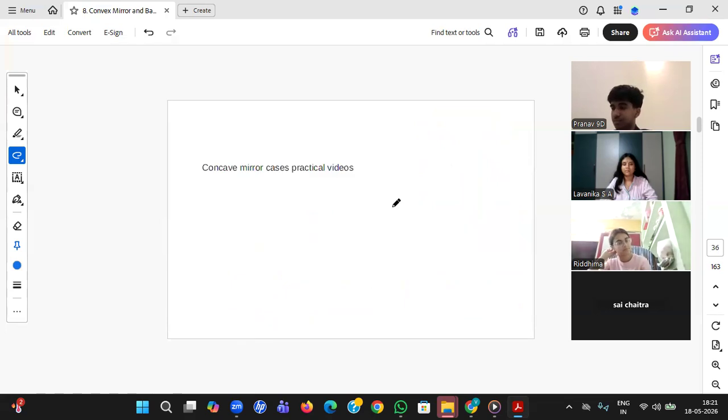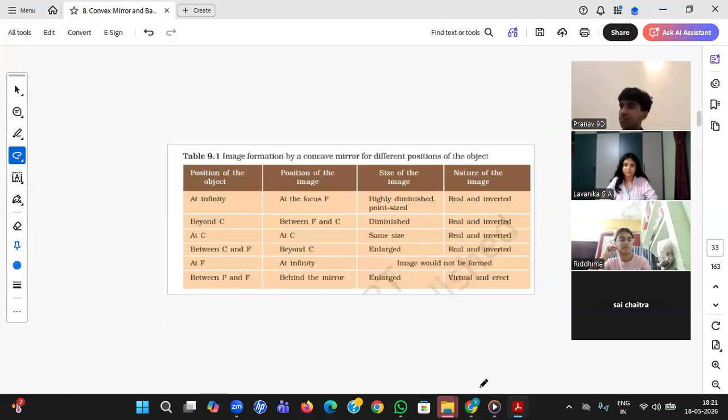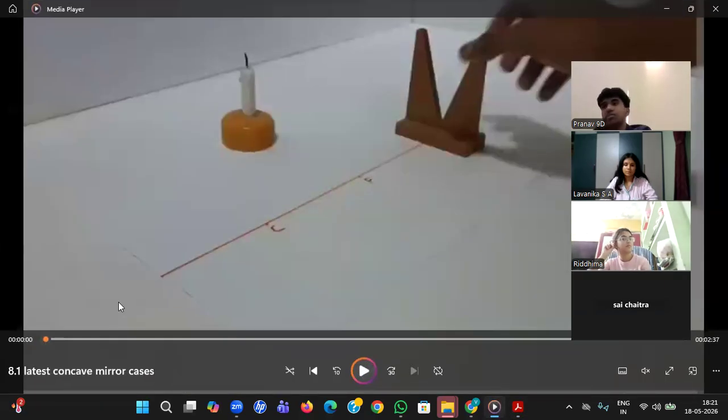Okay, let us understand the same thing by a real practical session, students. First of all, this practical is there for SSC Telangana students. You have this practical in your schools. What did I take? A V stand. I'll keep a concave mirror over here. If a concave mirror is here, obviously I need to draw the principal axis.